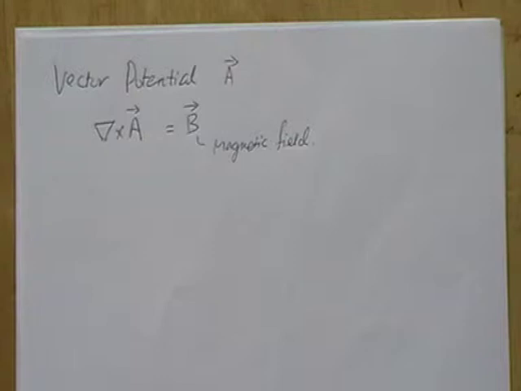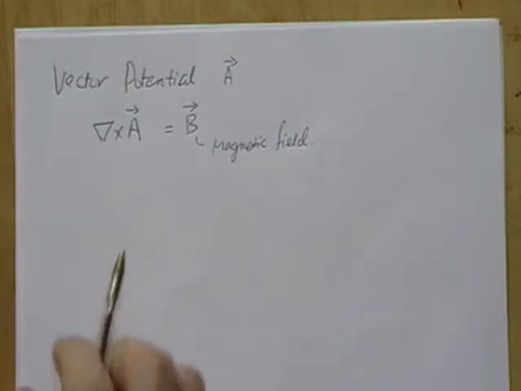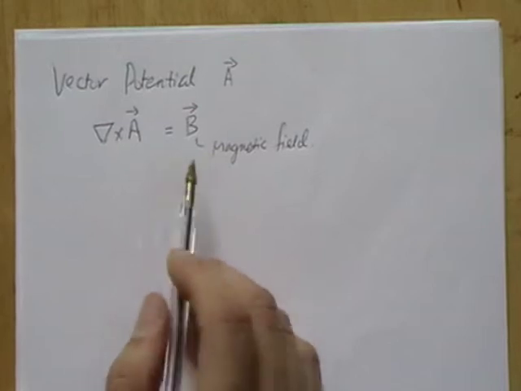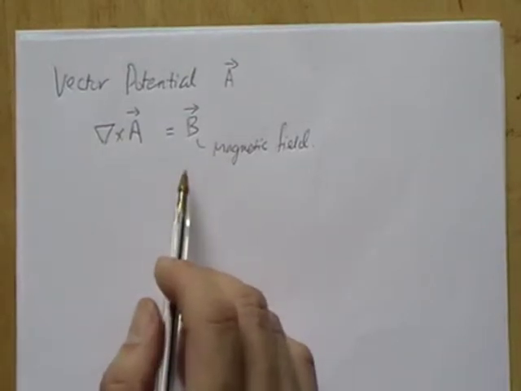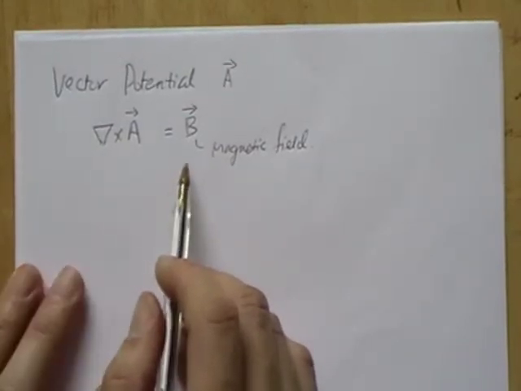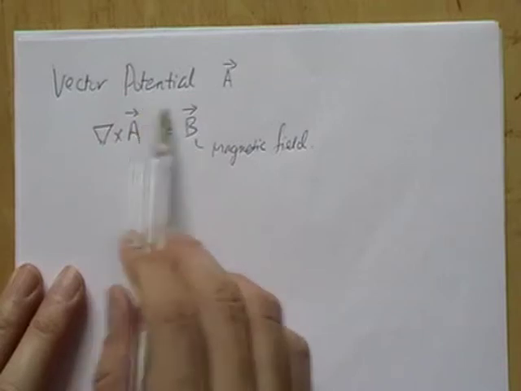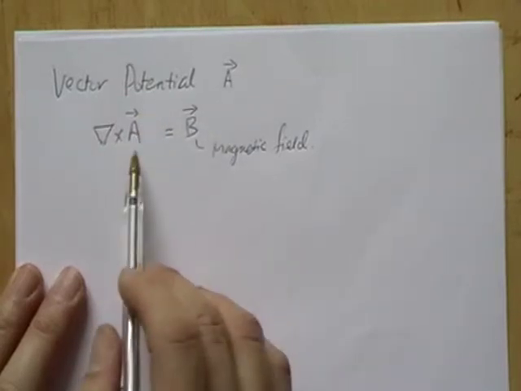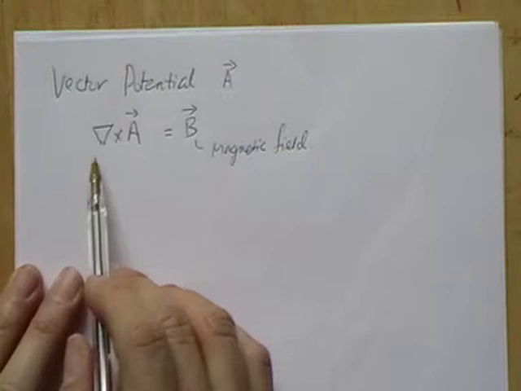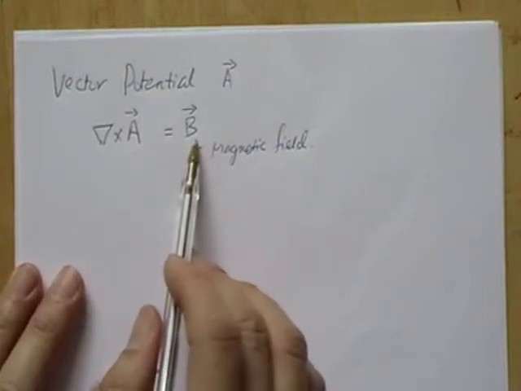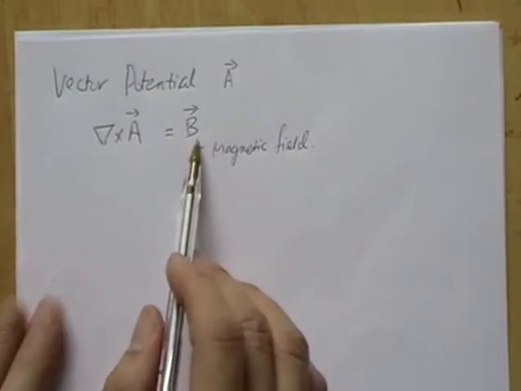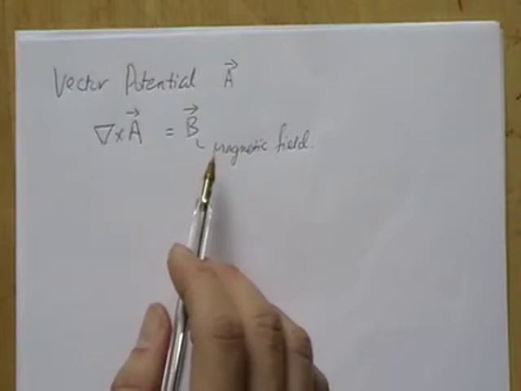Now that is usually all there is if you look at textbooks. In simple language, we can even just say that the vector potential A is defined as the thing whose curl is the magnetic field. So physically, it doesn't mean very much.